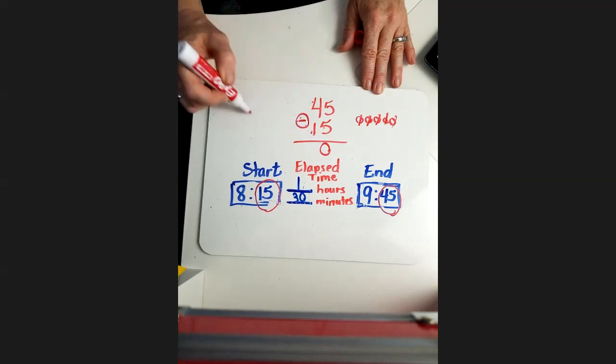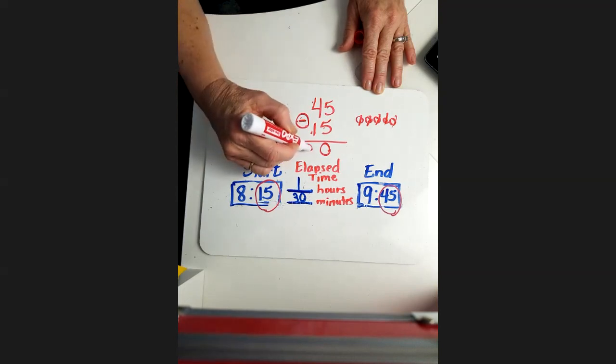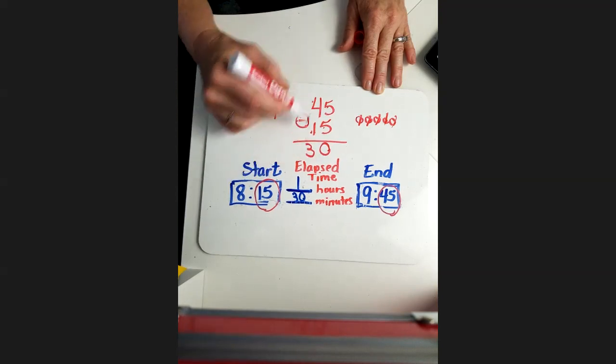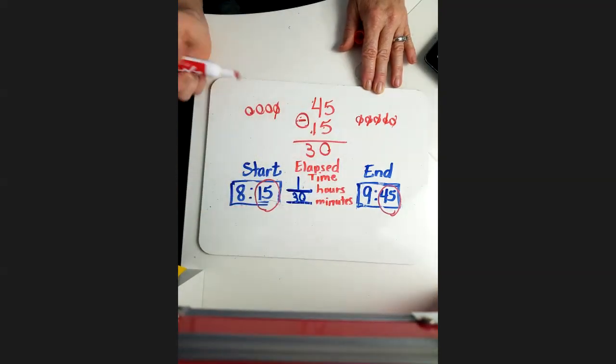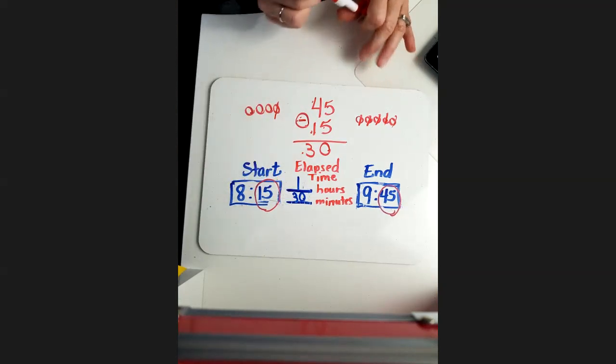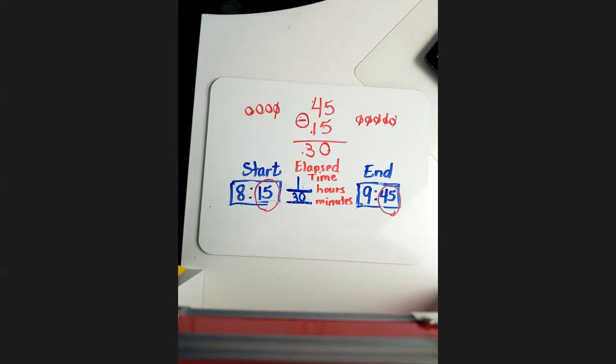So if we have 4 objects and we take away 1, how many are left over? There are 3 left over. So 45, take away those 15 minutes, and how many minutes are left? 30 minutes. So that's another way we can get our 30 minutes for the rest of our elapsed time.